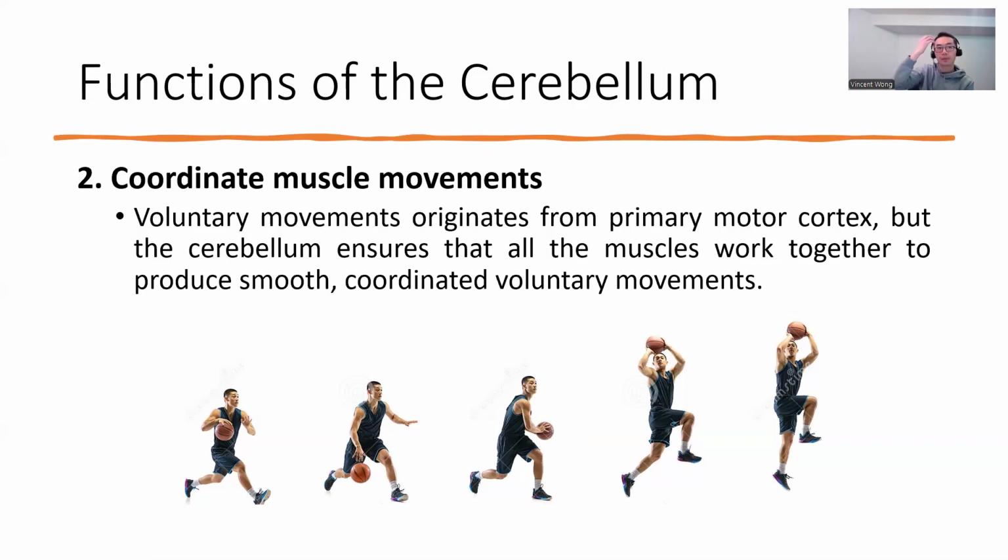The ability to control these body parts comes from the primary motor cortex, but smooth, seamless execution of those movements involves the cerebellum. People who damage the cerebellum are often described as walking around drunk, because they lack that coordination and the ability to execute movement in a seamless, coordinated manner.